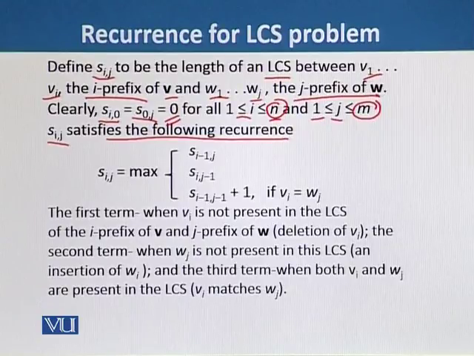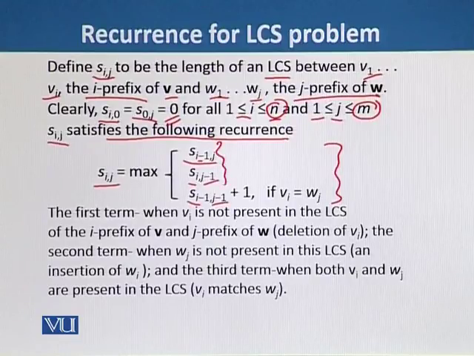We have already found the recurrence for the Manhattan problem, and now we will see the recurrence for the edit graph in which we calculate the longest common subsequence. We have to calculate Sij by taking the maximum value from these three equations. The first is Si minus 1 j, then Sij minus 1, and Si minus 1 j minus 1.